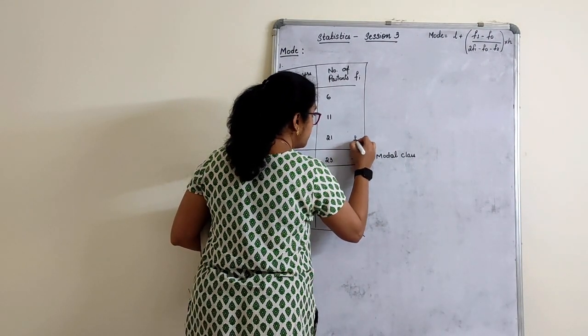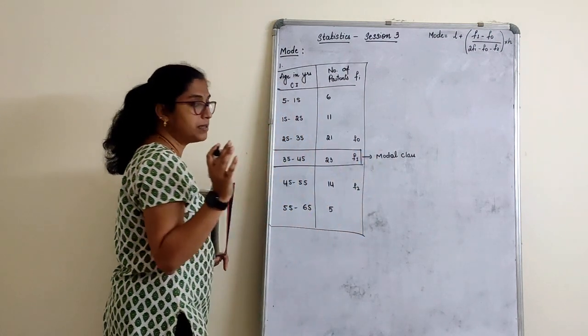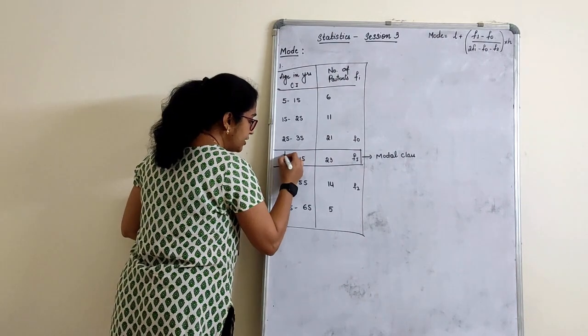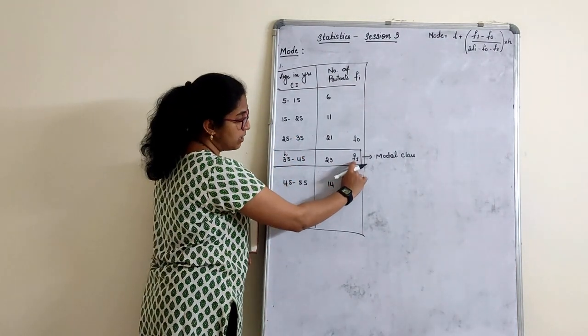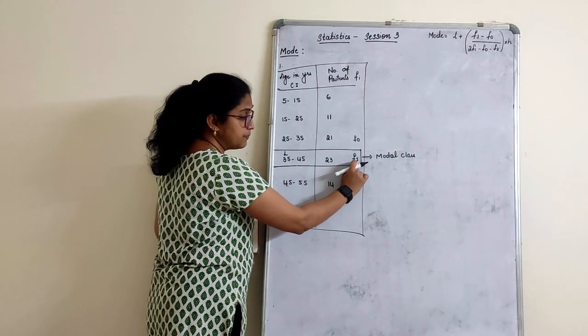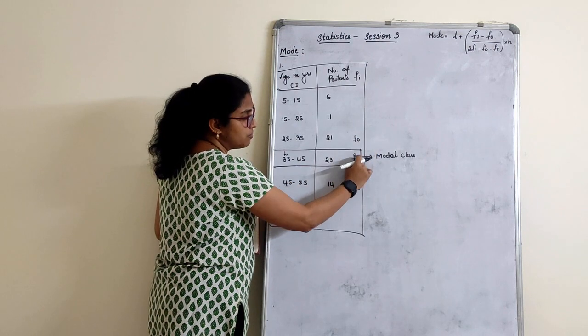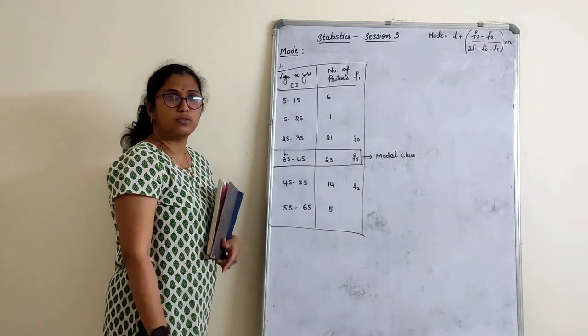The previous term will be F0 and the next term will be F2. Remember this always. Whichever is the modal class, the maximum frequency, that will be your F1. The previous term is F0, before F1. After F1 is F2. Done.